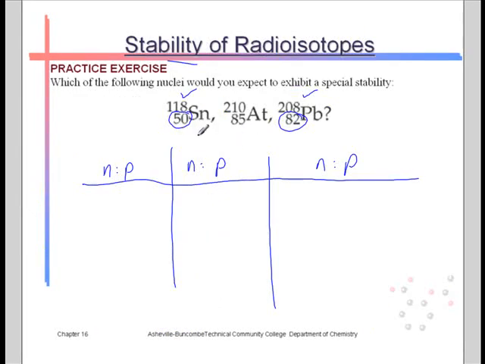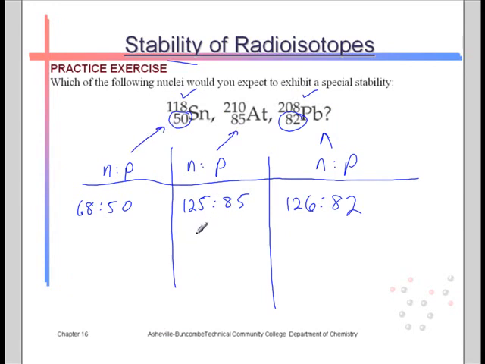And if you remember the magic numbers, that's great. Let me just quickly lay this out here. 68, 125, 85, 126, 82, and that corresponds to the neutron-proton ratio for all of these guys.